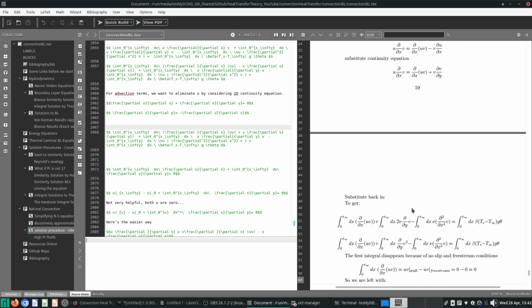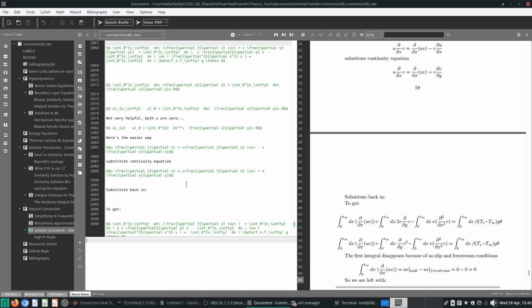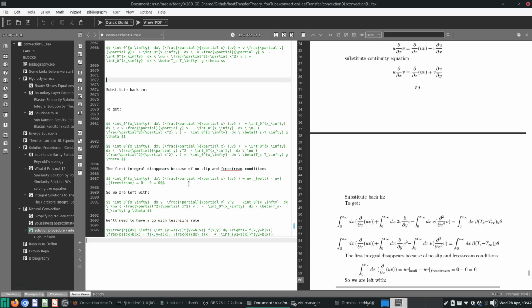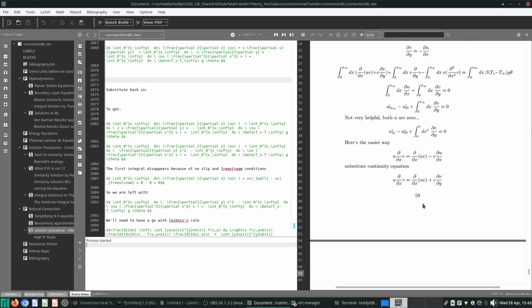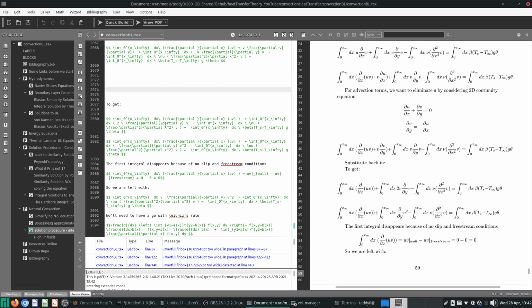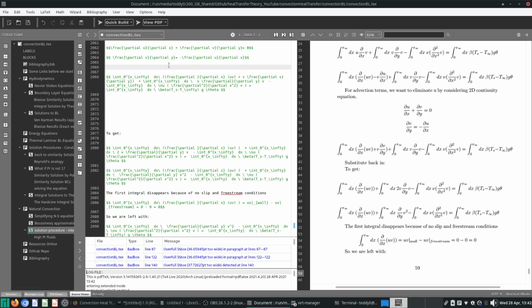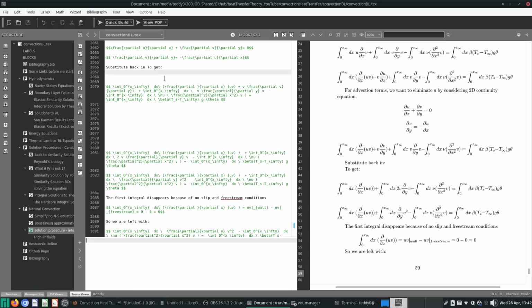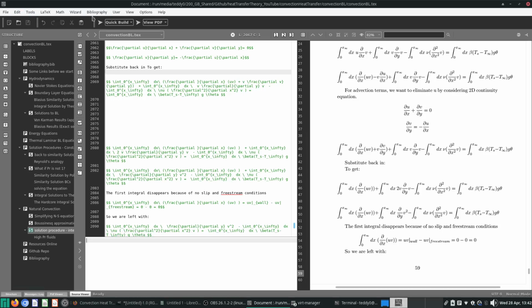I'll just delete that. Hopefully we'll just run it from scratch. So I'll substitute back in here, and I'll get this equation.